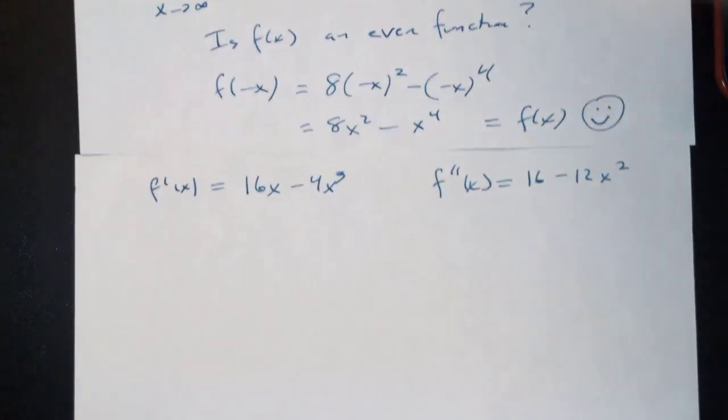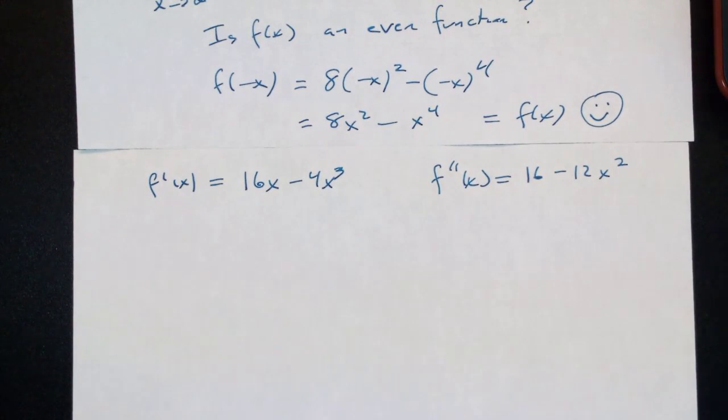From f prime, what do I want to get? My critical values. That means I need to set my derivative equal to 0 or where it doesn't exist. What kind of function do I have for a derivative? Polynomial, so once again, it is defined everywhere.